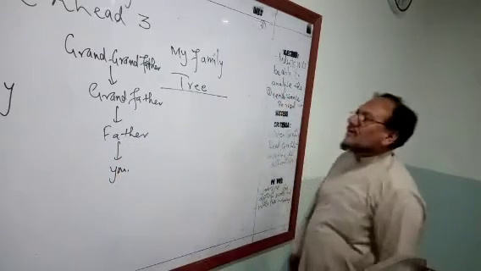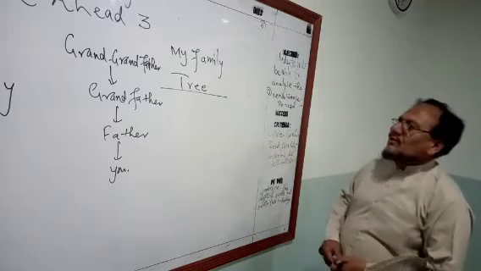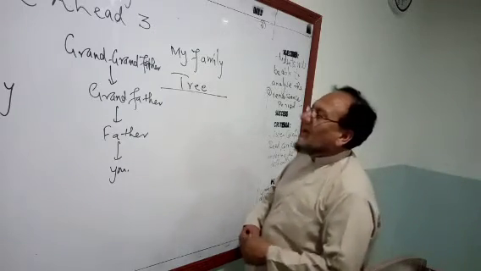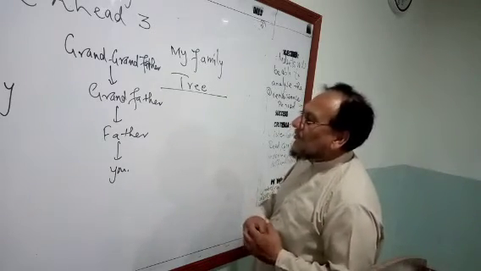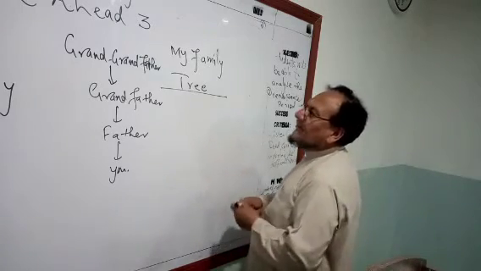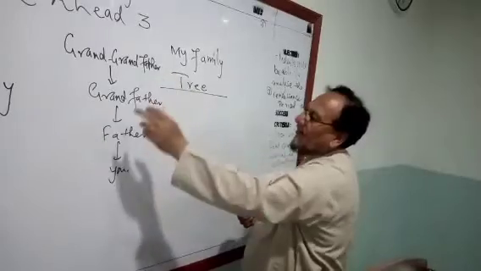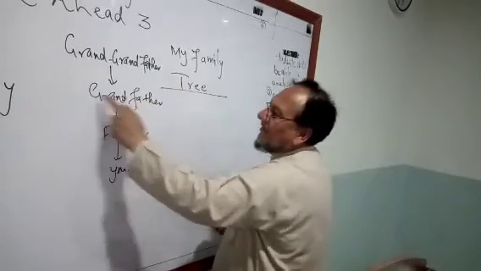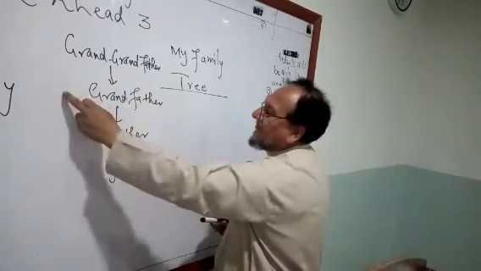So it's a family tree. You should make your own family tree and send it to me or show it to me in the Zoom meetings. For example, your grandfather, then your grandfather's brothers' names, if you know.